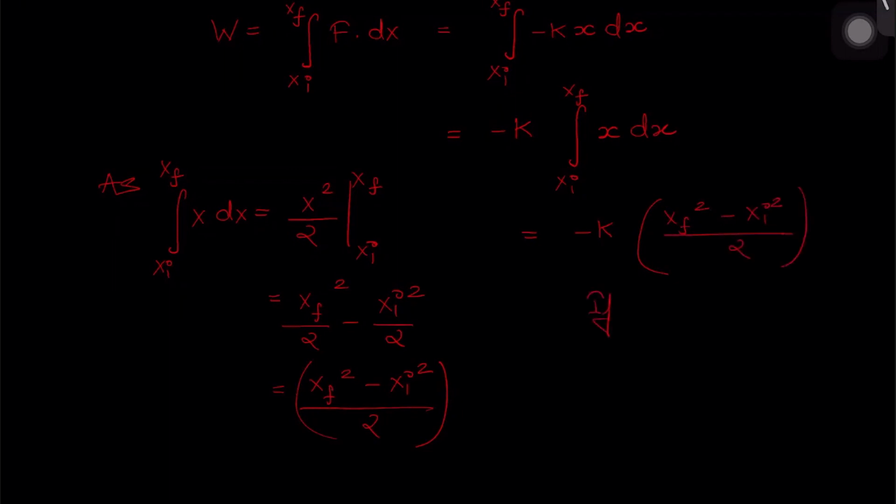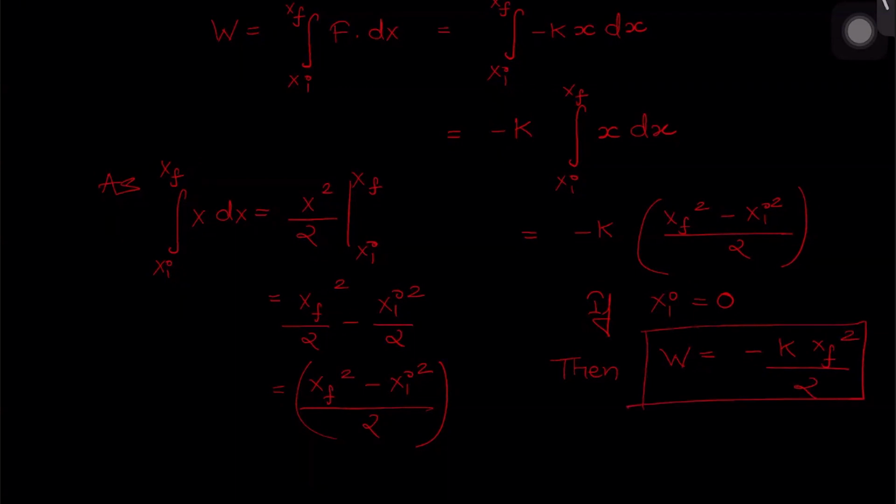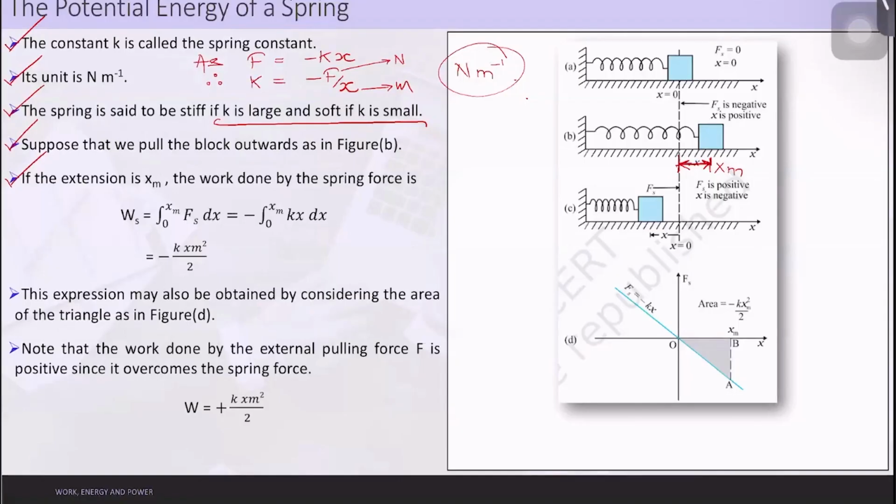If xi equals 0, then the work done will be equal to minus k xf square by 2. That is the complete explanation of how we calculate the work done by a spring force.